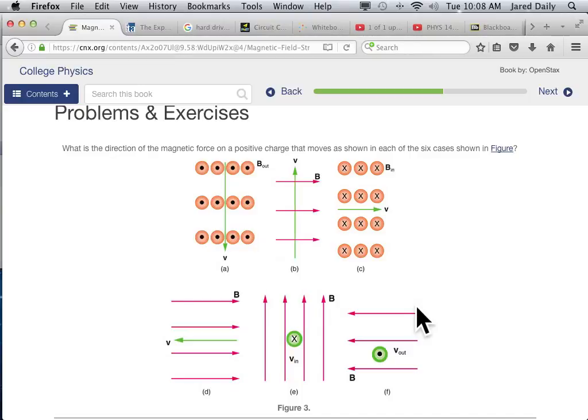The top one is going to be a positively charged particle moving upward through a magnetic field moving to the right. This one's a negative electric charge moving to the left, a magnetic field moving to the right. This one's a negative charge that is coming out of the page. So the velocity is coming towards you out of the page, and the magnetic field is moving to the left.